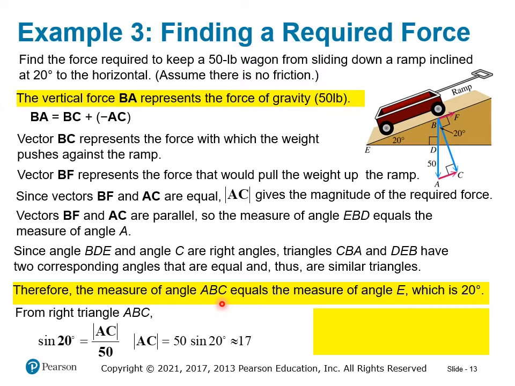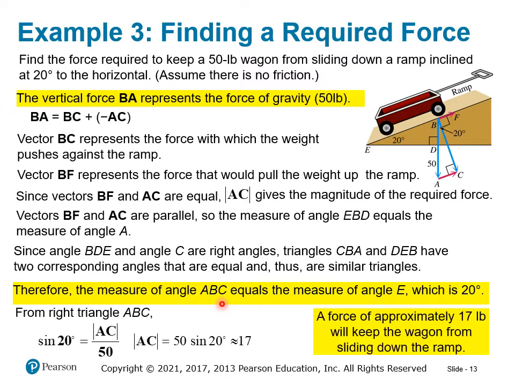So we get that the magnitude of AC is approximately 17. So a force of approximately 17 pounds will keep the wagon from sliding down the ramp. The idea here is that if it takes 17 to pull it up the ramp, then we have to have an equal force going the opposite direction to keep it out of motion, to keep it stable.